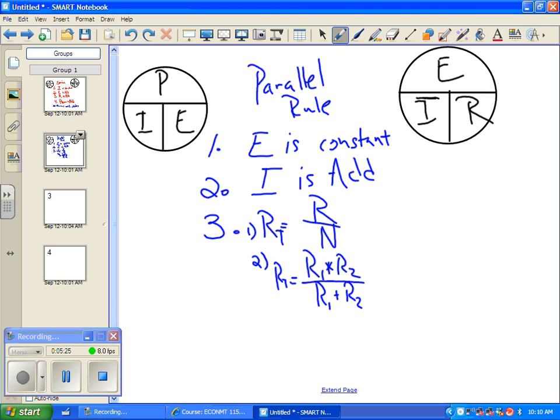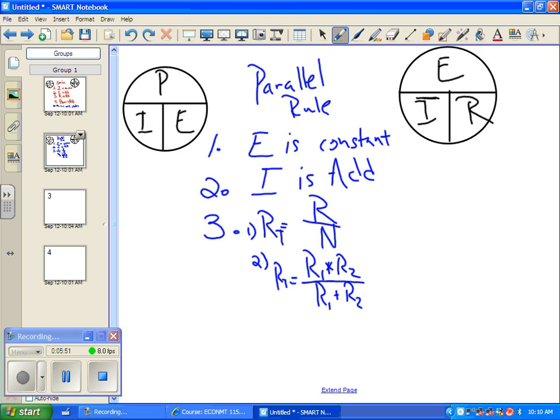Now what can you do if you don't remember the other formulas? If you just want to use product over the sum, can you do three resistors? You sum two, and you get the total resistance of the two, and then put that resistance as a product of two resistors and call it, let's say, R12.